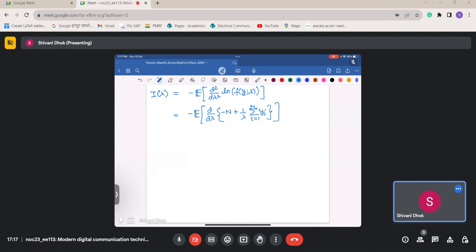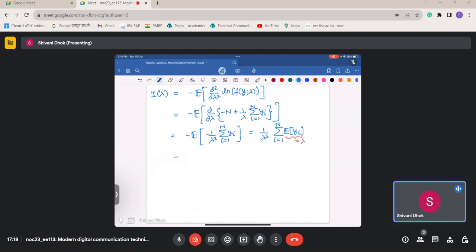So differentiation of n with respect to lambda is 0. So this is 0 plus 1 by lambda's differentiation, which will be minus 1 by lambda square, summation i equal to 1 to capital N of yi. So this is again equal to minus 1 by lambda square times the expectation, or I can just take this expectation inside the summation by applying the linearity of expectation property, expectation of yi, and as we said earlier, this expectation of yi is equal to lambda.